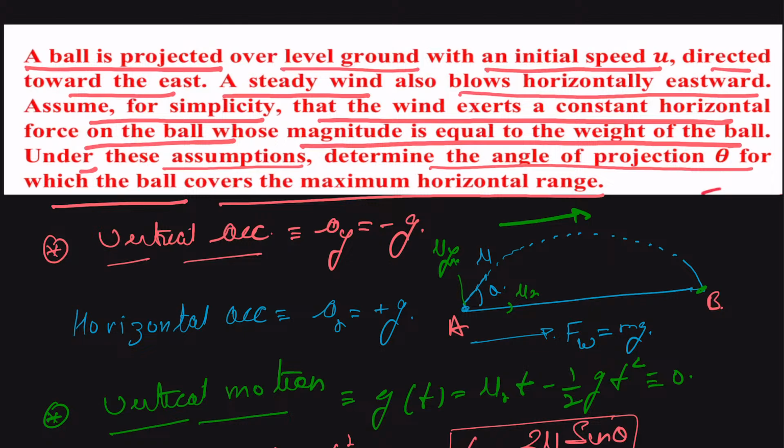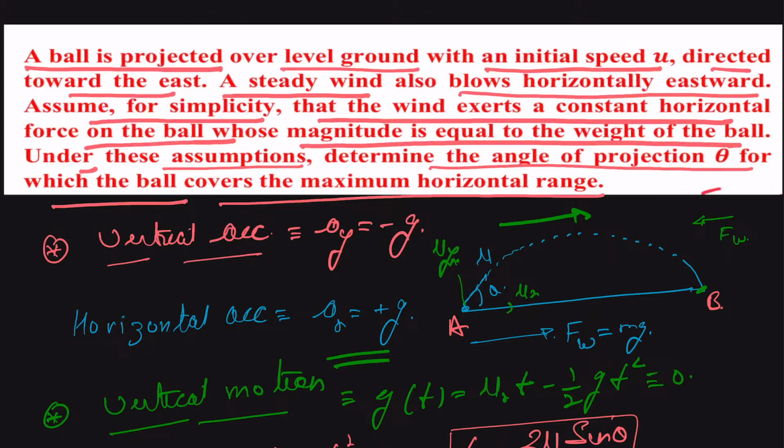A little variation can also be asked when the wind direction is in the opposite direction. Same question, but the wind direction is opposite. In this case only one thing is going to change, that is our horizontal acceleration, which will now be minus g.